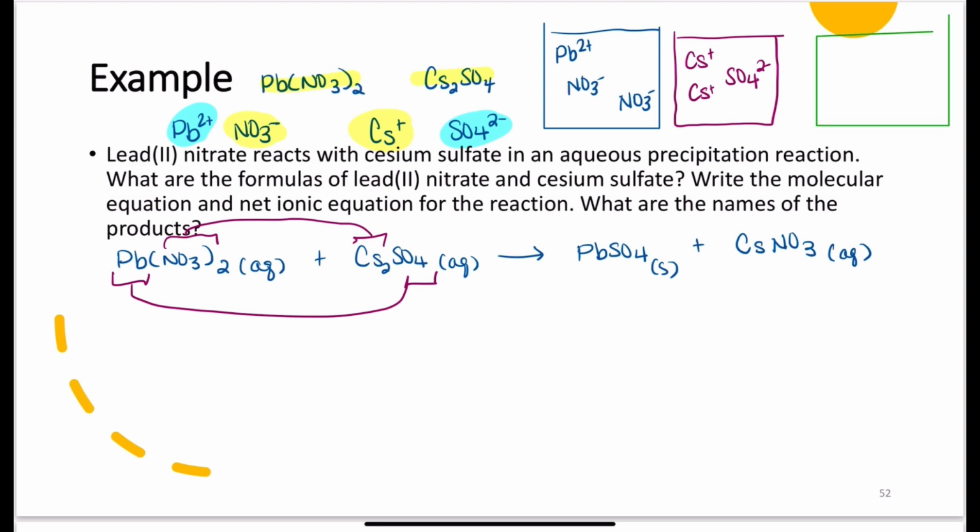And in my product, I would still have those NO3 minuses floating around, the Cs pluses floating around, but my Pb and my sulfate would be pairing up, forming a solid.